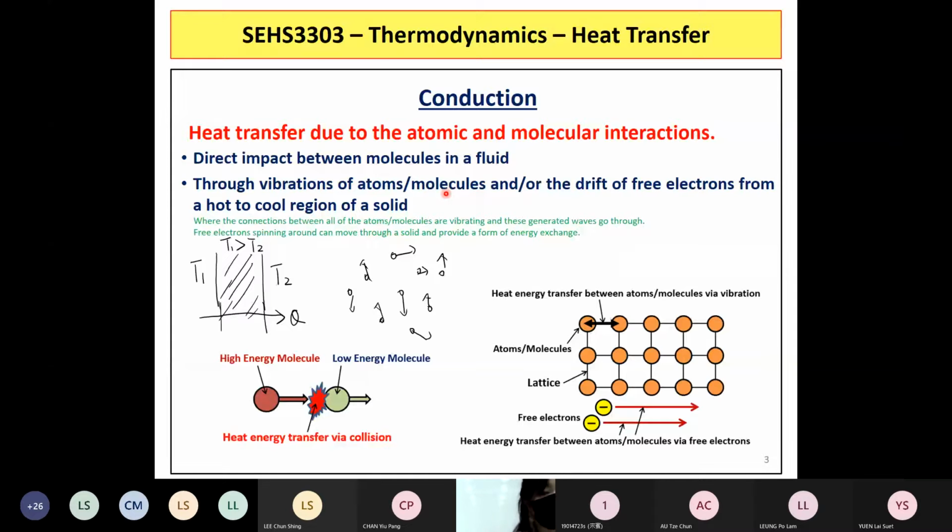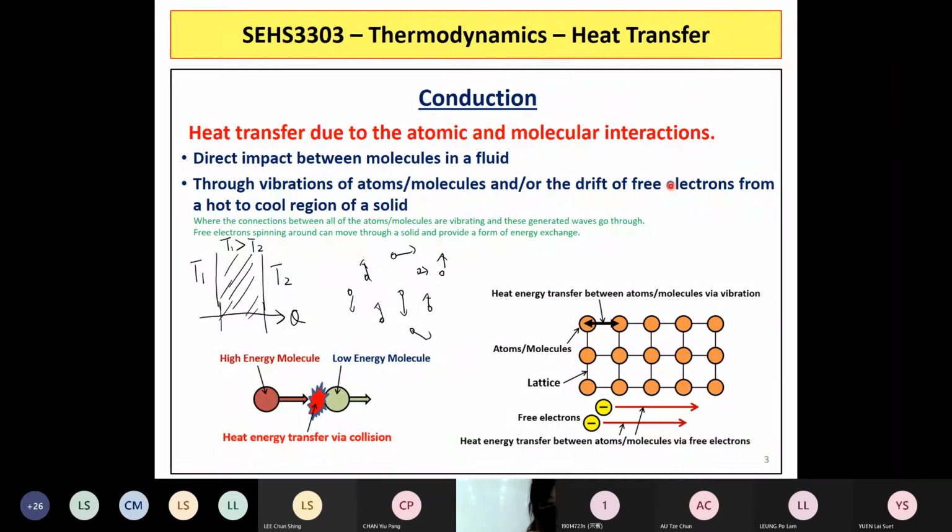This kind of material has much fewer free electrons than the conductor. So actually, if we have a material which is a good thermal conductor, it is always a good electricity conductor because it has lots of free electrons.